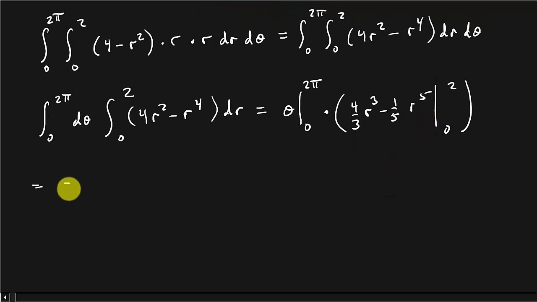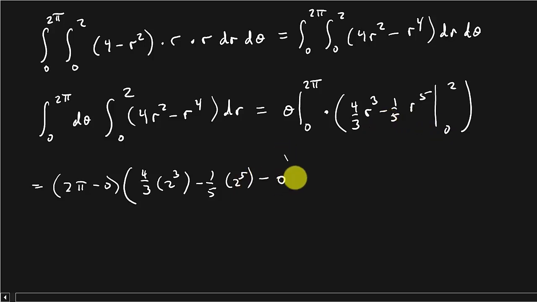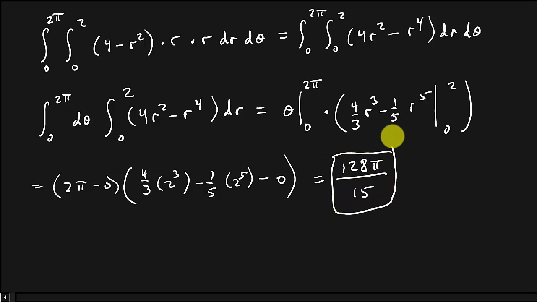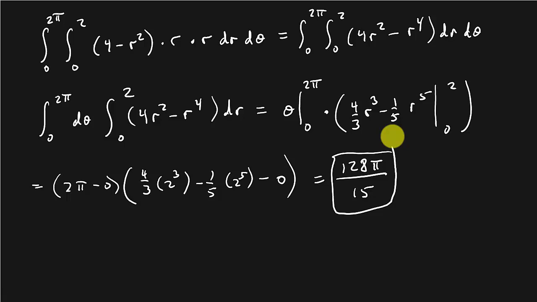And so this is going to give me 2 pi minus 0 times 4/3 times 2 cubed minus 1/5 times 2 to the 5th minus, and when I plug the 0 in, I just get 0. And after you do all your calculations, you get 128 pi over 15. And there's your answer.